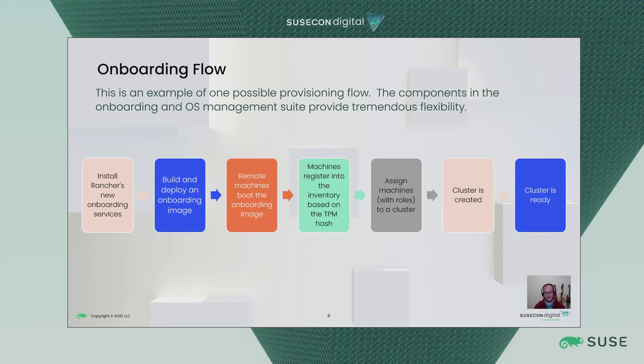You can set up cluster init type rules, and you can use this to build a bootstrap image that knows how to call home to Rancher, as well as how to install the operating system onto disk. Once you build this image, and you only need one image for your entire infrastructure if you've got the same type of machines, you don't have to build specific images for each cluster or each node.